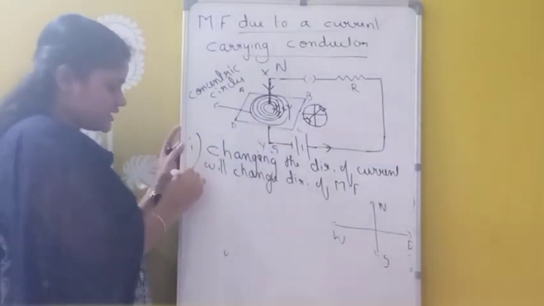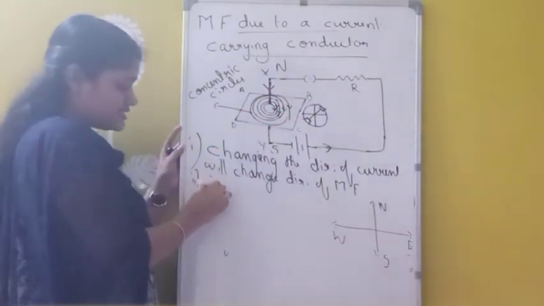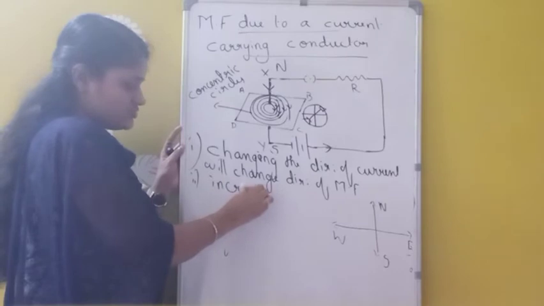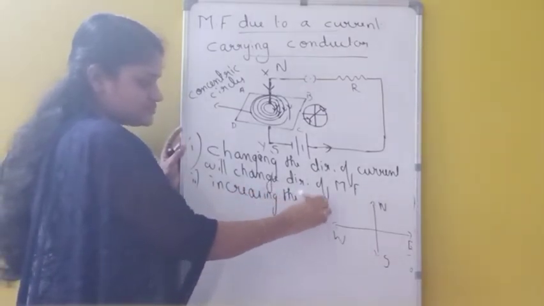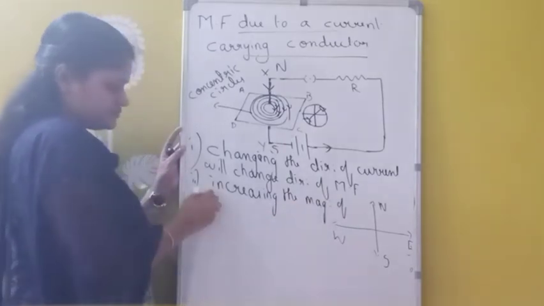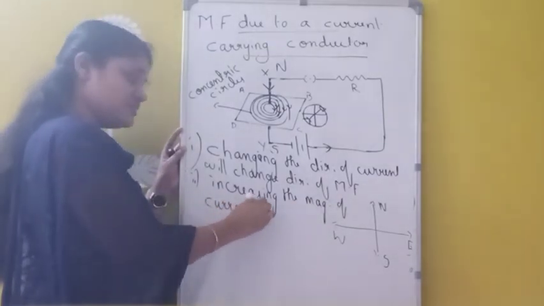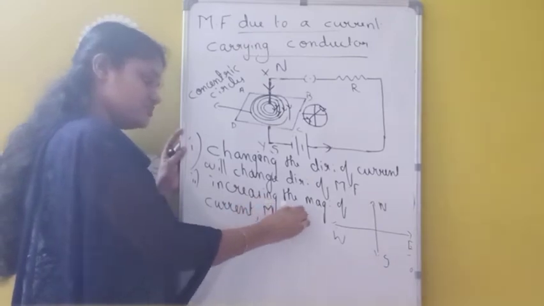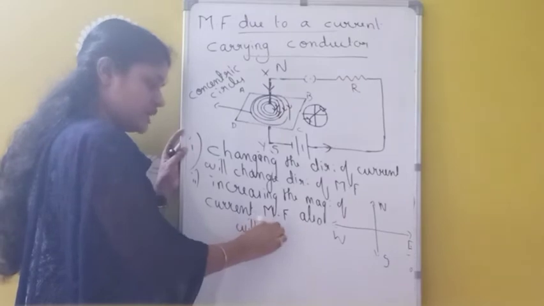Okay. Now the second one, suppose you are increasing the magnitude of current. What will happen to the magnetic field? The magnetic field also will increase. Then how will you identify this?